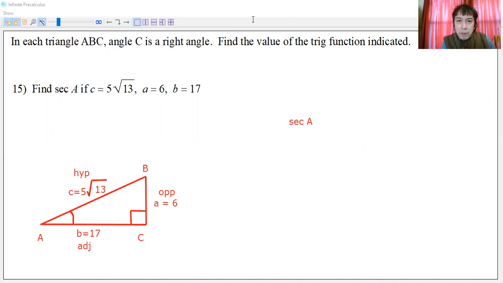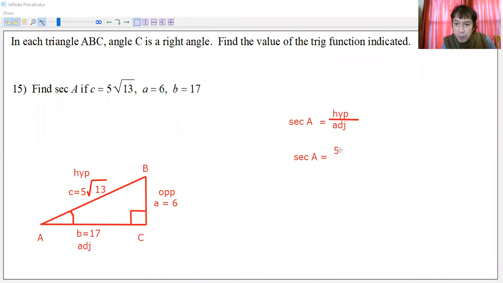Secant of A is equal to the formula. The formula is still true, which is hypotenuse divided by the adjacent side. Hypotenuse over adjacent, that will always be the formula for secant. And so we can get the corresponding numbers for the hypotenuse and adjacent. That's 5 square root of 13. So we'll put the 5 here, and then the square root of 13.